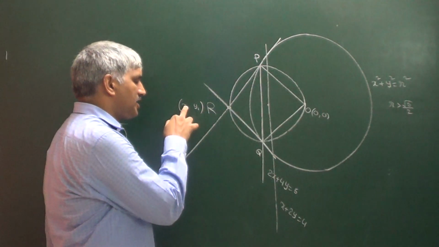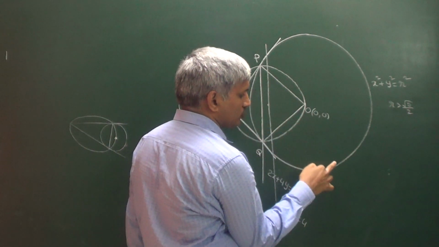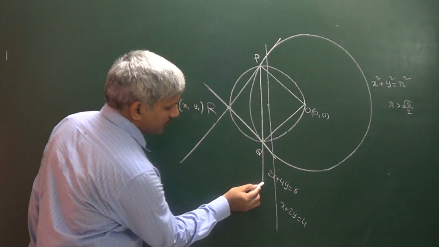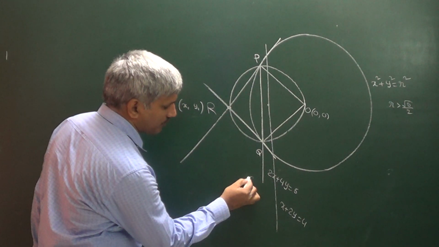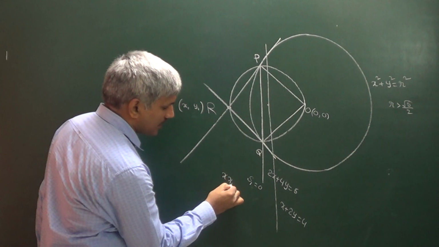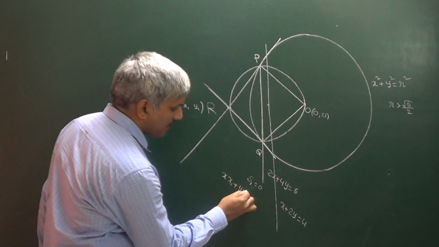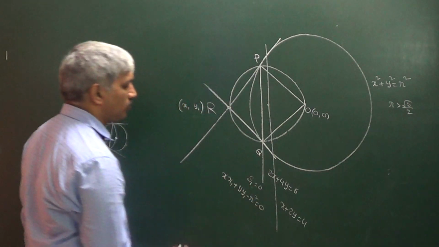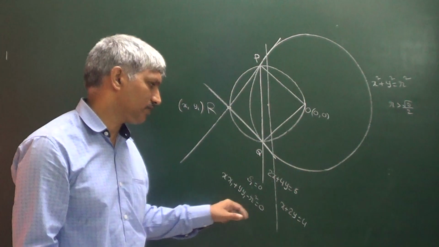For this point (x1, y1) with respect to the circle S = 0, what is the chord of contact equation? The chord of contact equation is S1 = 0, that is x·x1 + y·y1 - r² = 0.